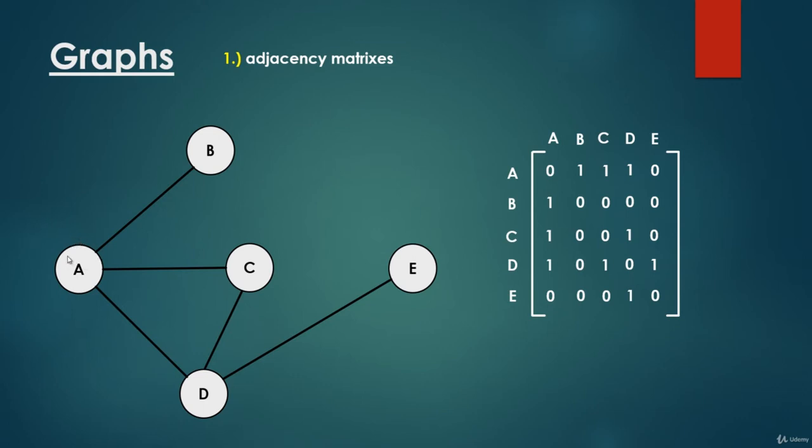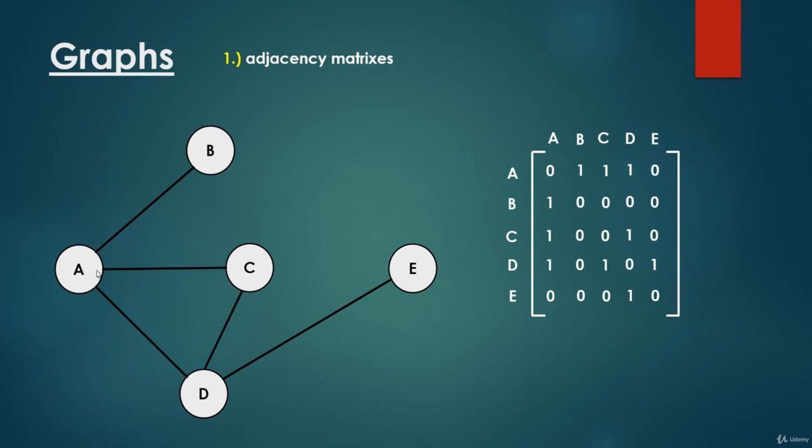It is not a recurrent graph, so that's why there is a 0. But there is a connection between node A and node B. That's why there is a 1 in the adjacency matrix. Then again, there's a connection between A and C, so that's why there's a 1. There's a connection between A and D, so that's why there's a 1. And there is no direct connection between A and E, so that's why there's a 0.